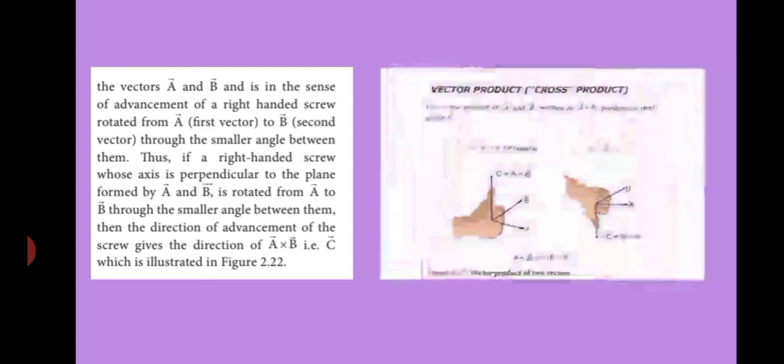The vector product of A vector and B vector, written as A vector cross B vector, produces a third vector C vector. C vector is equal to A vector cross B vector is equal to modulus of A vector into modulus of B vector sin theta n cap. C vector is equal to A cross B vector.